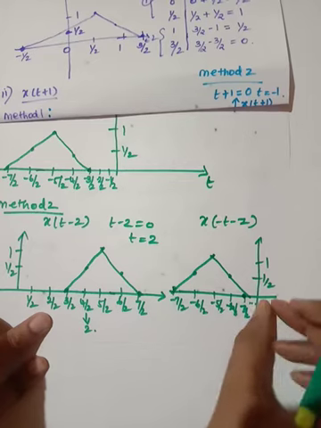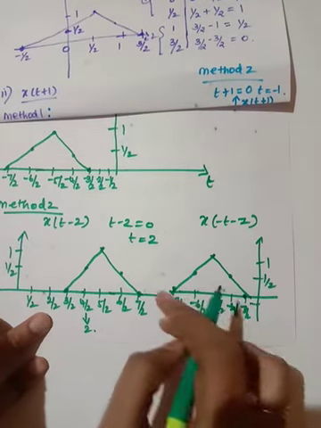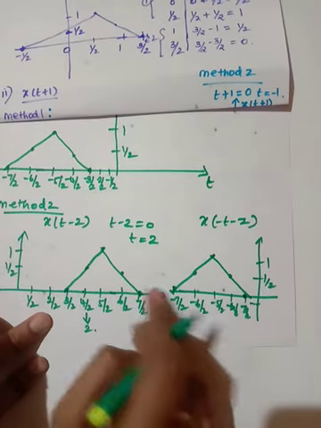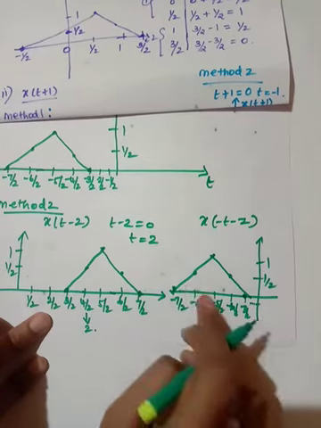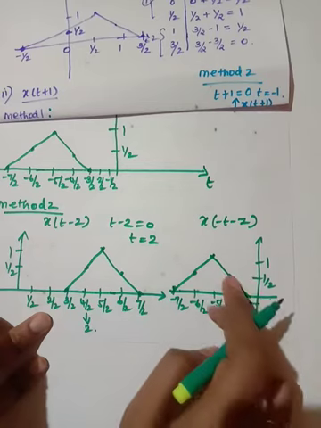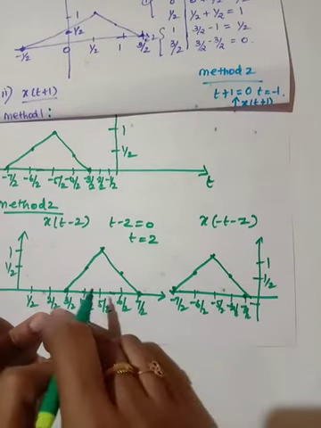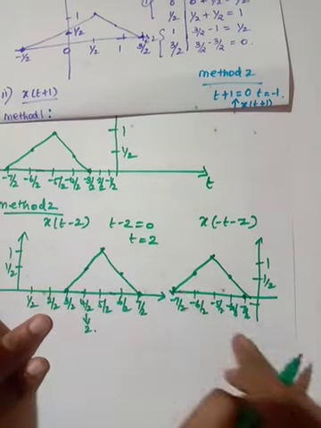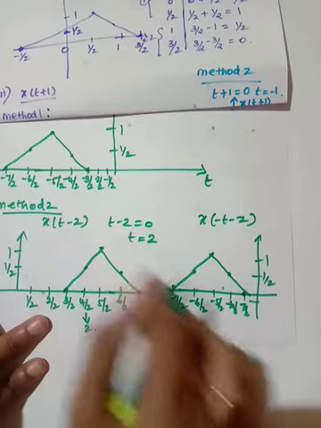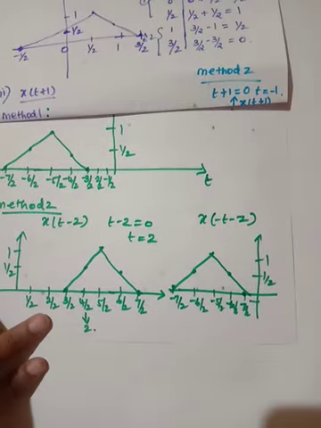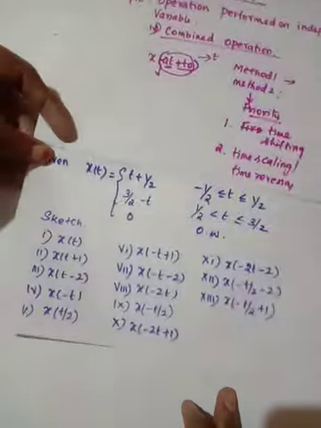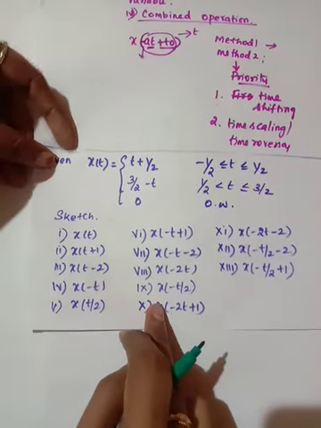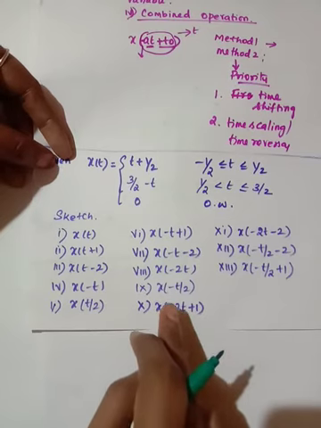Here I have no place, so I have put dotted. So at minus 7 by 2 it is 0, minus 6 by 2 it is 1 by 2, minus 5 by 2 it is 1, minus 4 by 2 it is half, and minus 3 by 2 it is 0. Now see, both are the same. From minus 7 by 2 to minus 3 by 2, both answers are the same. Now in the remaining subdivisions, I am going to explain only the method of direct evaluation.